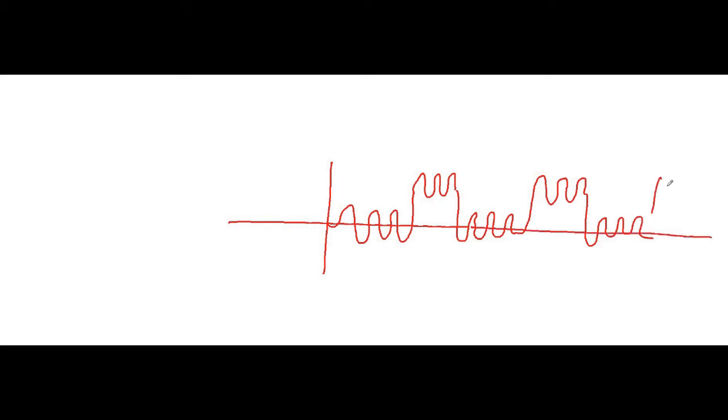Then it would have been a periodic signal. Suppose it oscillated between A and minus A, and then it got shifted by a constant value and oscillated between these two ranges. Then again back to this, again shifted, again back to this. Then it would have been a periodic signal.